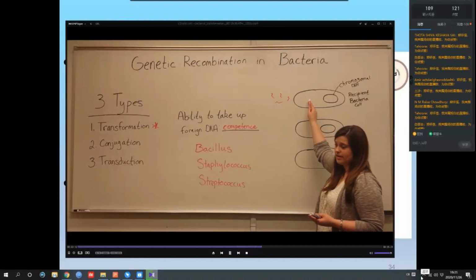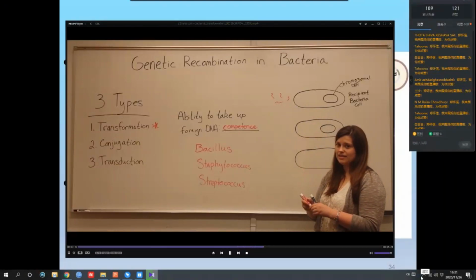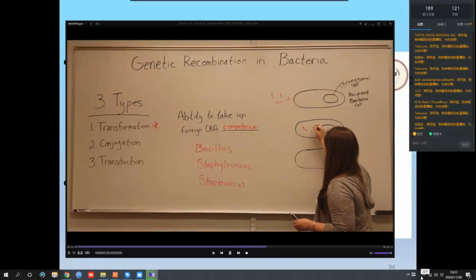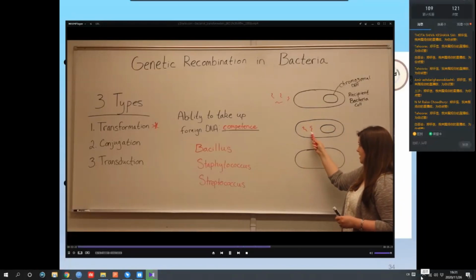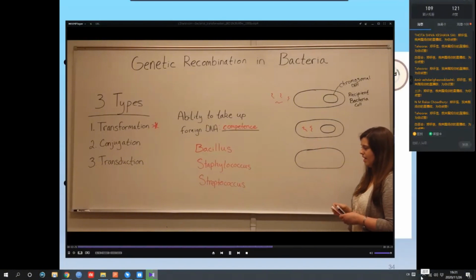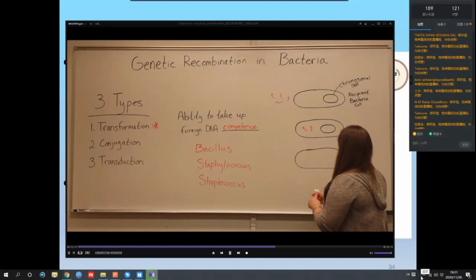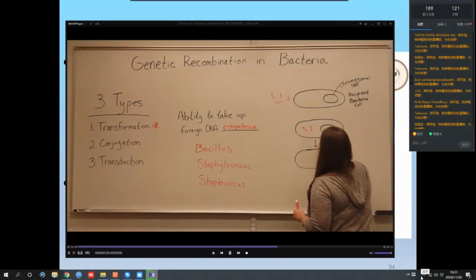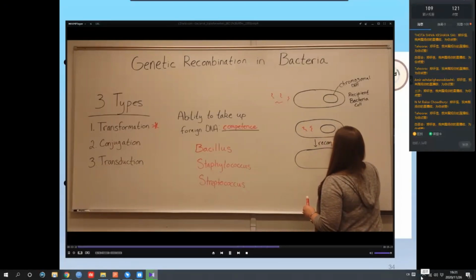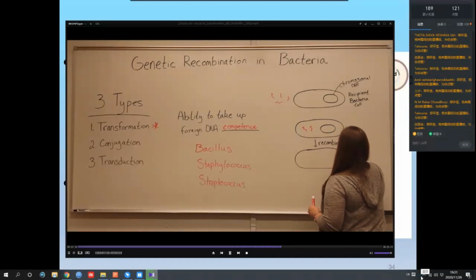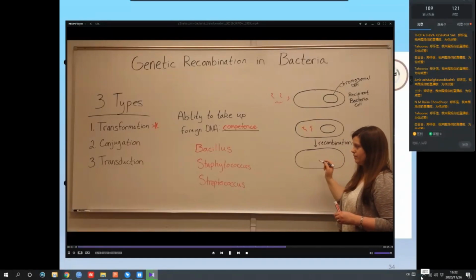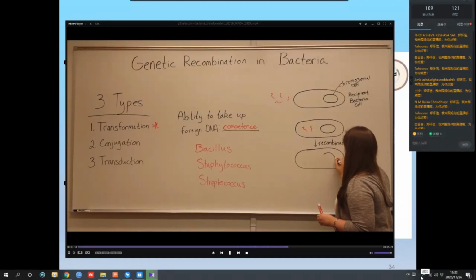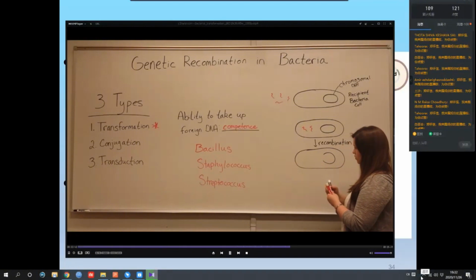The recipient bacteria cell can actually take this DNA across its plasma membrane so that now this DNA is inside the cell. Then, through the process of recombination, the bacteria cell has its chromosomal DNA that has recombined with this foreign DNA.